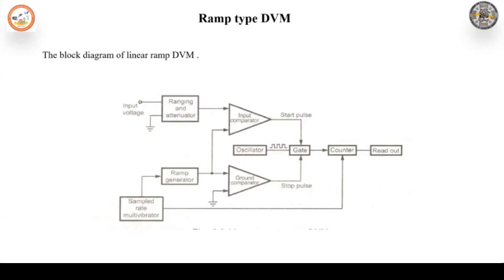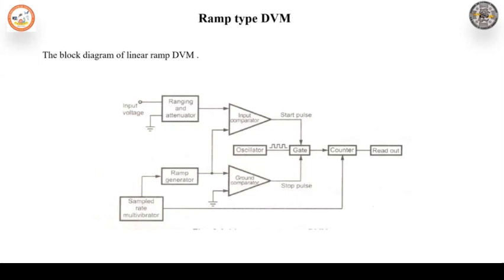The basic principle of such measurement is based on the measurement of the time taken by a linear ramp to rise from 0 volts to the level of the input voltage or to decrease from the level of the input voltage to 0.